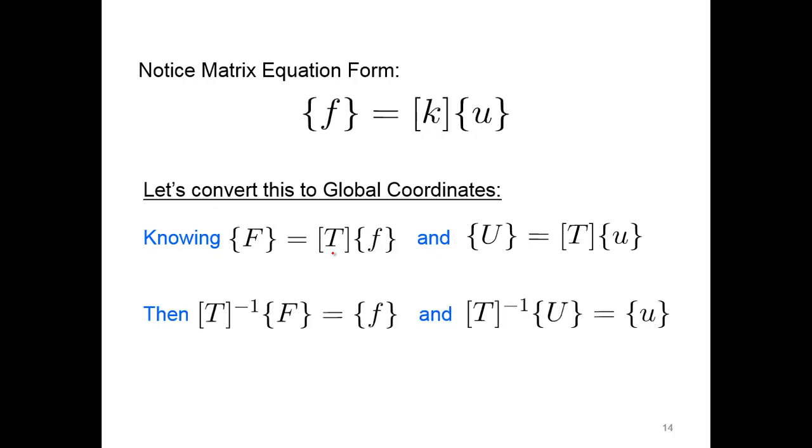If we multiply both sides by the inverse of the transformation matrix, we end up with this on the left-hand side, and the inverse transformation matrix times the transformation matrix gives you the identity matrix. So there's just a 1 right here after you do the multiplication, and there's a 1 right here. That's why you don't see anything on the right-hand side there.